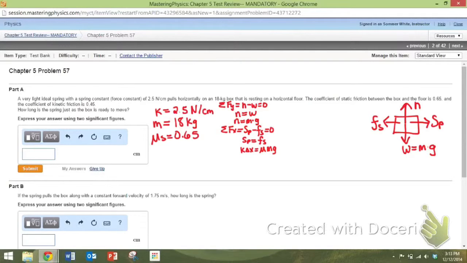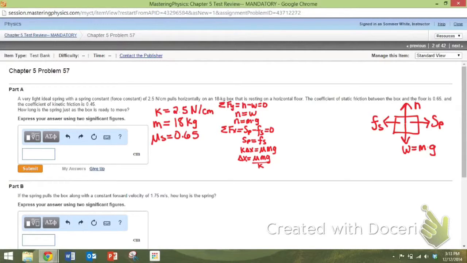We were asked how long the spring is just before it starts to move, so we're looking for delta x. Therefore, delta x is equal to mu m g divided by k.